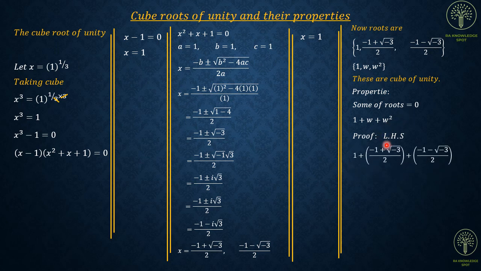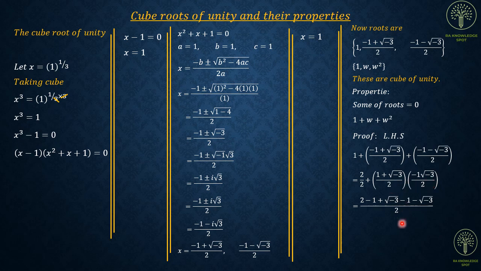Now 1 plus omega plus omega square is equal to 0. This is the left side. Now dear students, 1 will be as it is. We know the value of omega is this one and omega square is this. Now we can write 1 as 2 by 2.